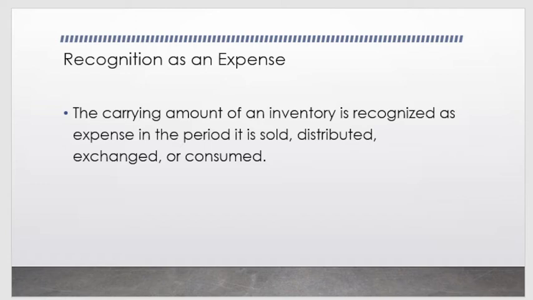Ito yung sinasabi ko kanina. When it is inventory held for distribution, you debit welfare goods expense and then credit welfare goods for distribution 800. When it is inventory held for consumption, office supplies expense and then credit office supplies inventory. So tina-transfer lang from inventory account to expense account.